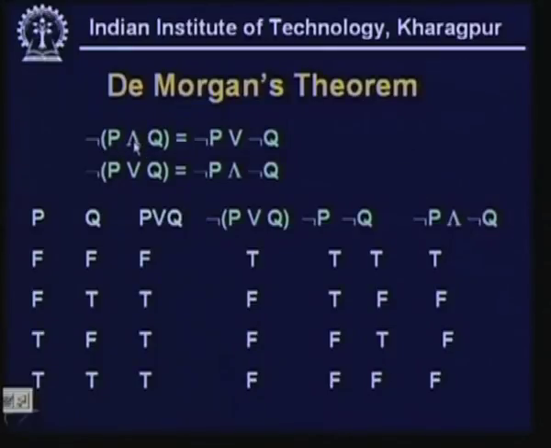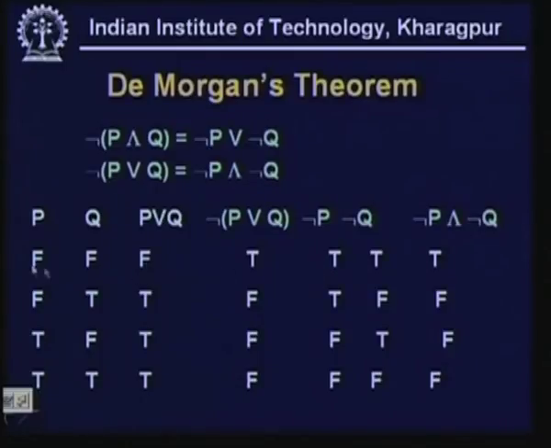So, the dual of AND is OR and the dual of OR is AND. So, not of the whole thing P and Q will be not P OR not Q. Similarly, not of P or Q will be not P and not Q. Now, this is De Morgan's theorem.